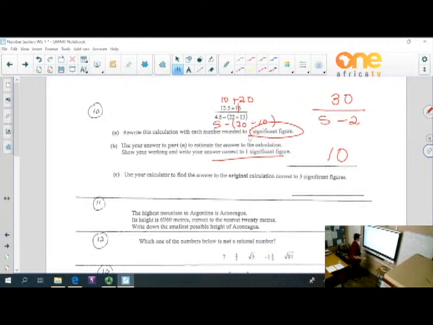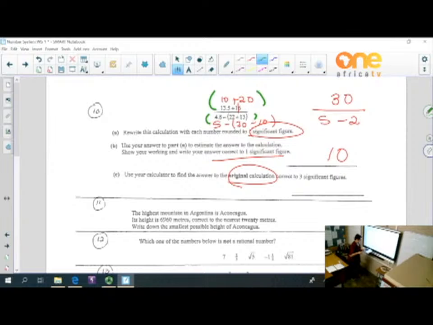Then they say, use your calculator to find the original calculation correct to 3 significant figures. Now it would just be good if you could use extra brackets there. Otherwise, you're going to get wrong answers. And then we do it on our calculator.